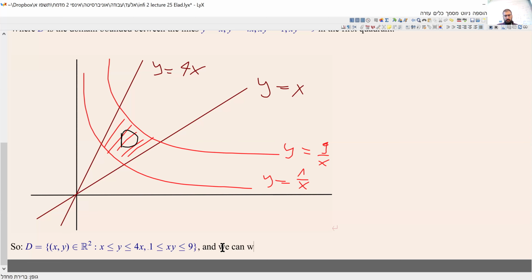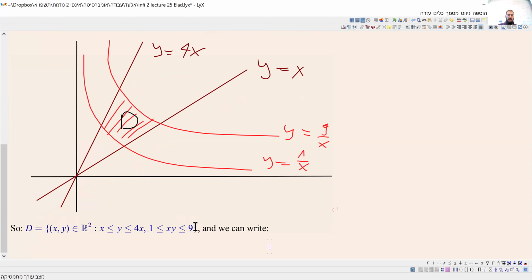We can easily write that D is defined by the following inequalities. Divide every side here by x, and you get that y over x is between 4 and 1.